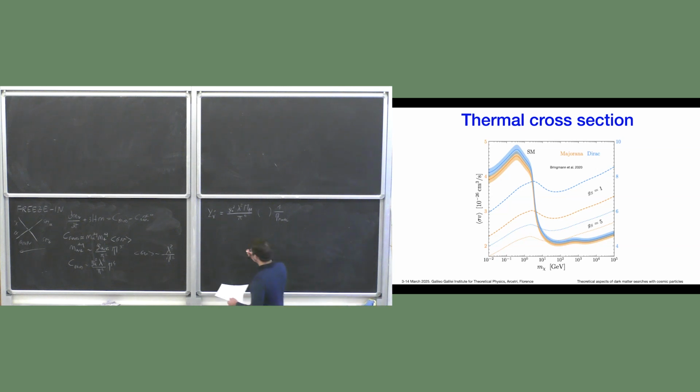But actually, we have to consider that when standard model particles become non-relativistic, the density has the Boltzmann suppression, okay? So when the standard model particles start to be non-relativistic, their density starts to drop significantly, okay?